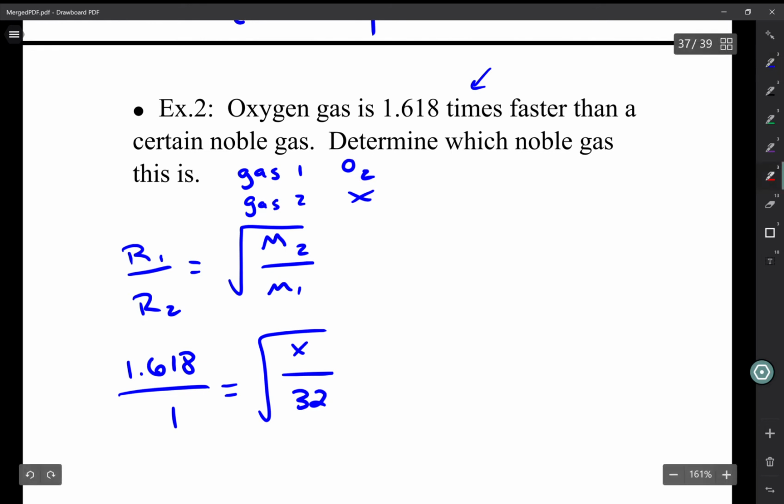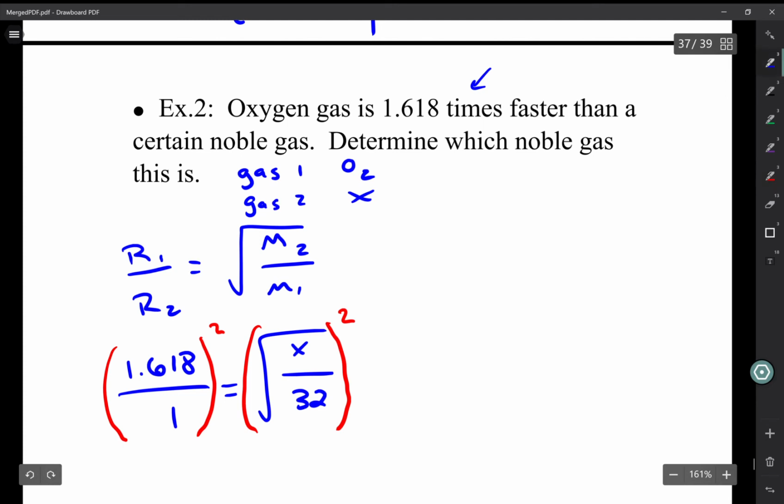If you said square both sides, you're correct. And I'm sure everybody said square both sides because you all are smart. So we're going to square both sides. Because on the right side, if you square a square root, what happens? You quote unquote get rid of the square root.